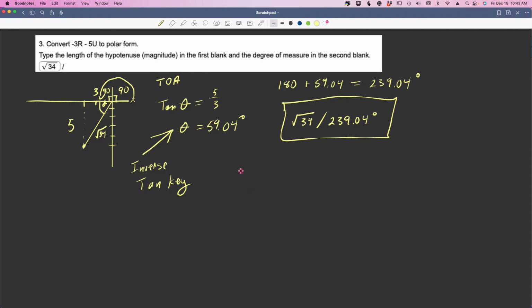So in the calculator, we said 5 divided by 3 equals, and then we did the tan -1, or whatever your inverse tan key is. And then that is going to give you your 59.04. That's what you put here for the degree of measure of theta.